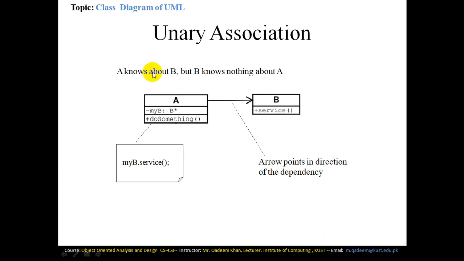So that means A knows B, but B doesn't know about A. You can see A, B. That means the arrowhead is pointing towards the B. So A can access the B, but B cannot access the A. So for example, my B dot service, my B is the object of the B class and service is the function of the B class, but we cannot access the A class inside the B. That is called the unary association.